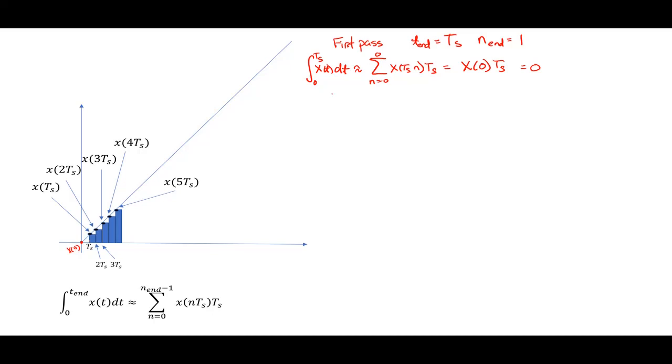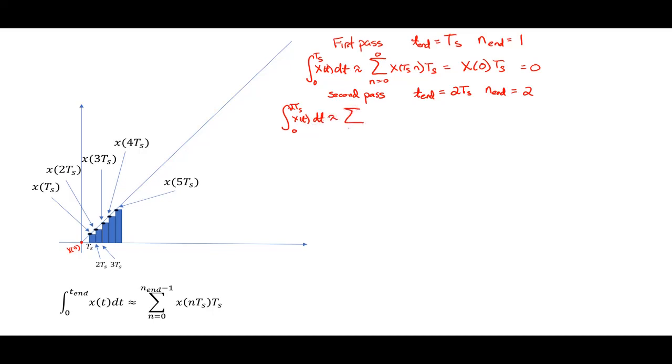So now we do our second pass through the loop. Now we want to know the area up to t_end equal to 2t sub s, which means that n_end equals 2. I'm going to integrate from 0 to 2t sub s of x of t dt.